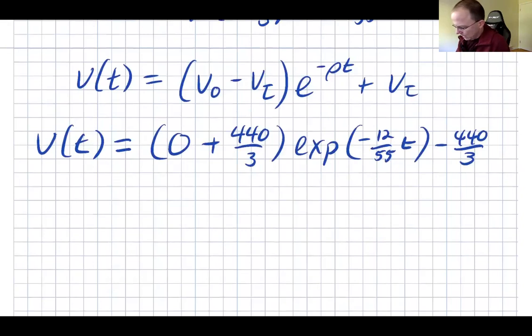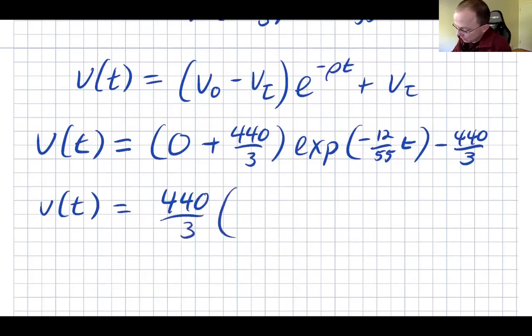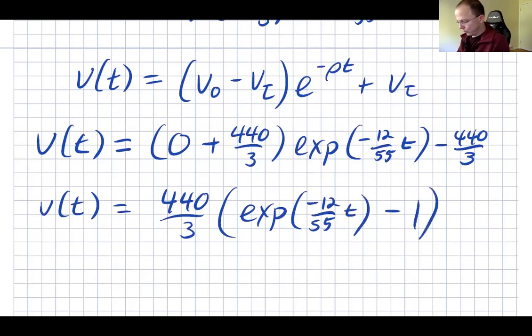And I guess we could simplify this a little bit, we could write it like this: 440 over 3 times the exponential of negative 12 over 55 t minus 1. So just factoring out that 440 over 3.